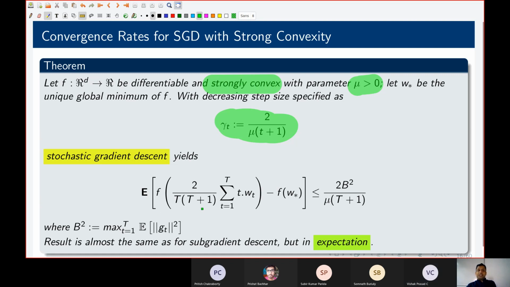So now in expectation, the difference in the function value is less than or equal to 2b square by mu into t plus 1.